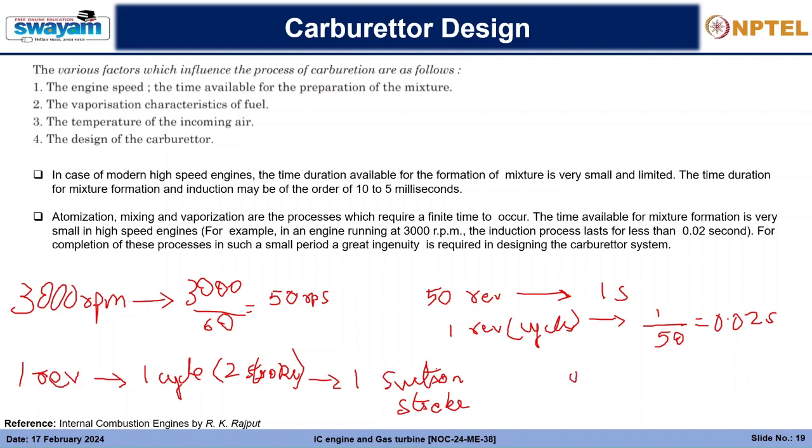So 0.02 divided by 20 is around 0.001 seconds, or 1 millisecond. So you see 10 to 5 milliseconds; here I am showing you around 1 millisecond. You will have to complete the whole vaporization and mixing process in that time, and that is a very, very small time, right? Now you understand why it is a very, very small time.